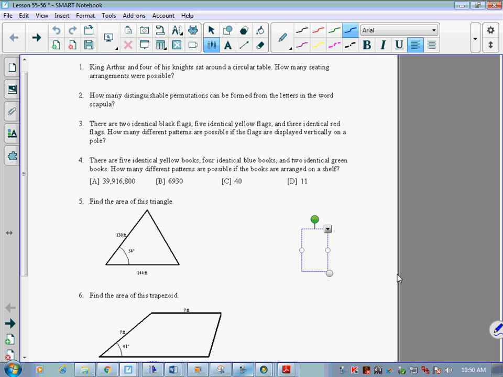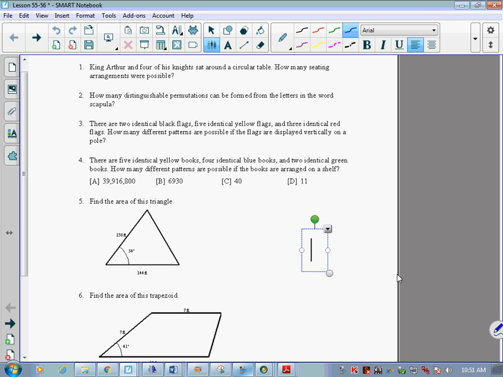With just permutations, we would take the number of letters and find the factorial of that. But distinguishable permutations means that if there's already an S in that position, I'm not going to put an S back in that position. It has to be unique, so it means unique, non-repeated permutations. We're going to see that especially in question number 2.